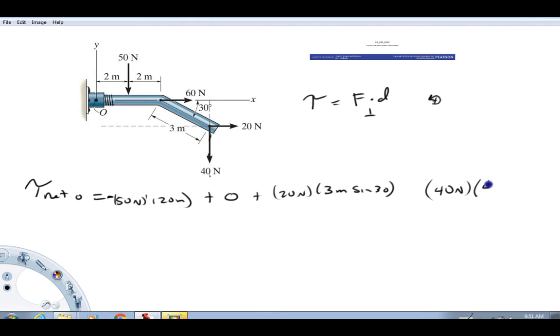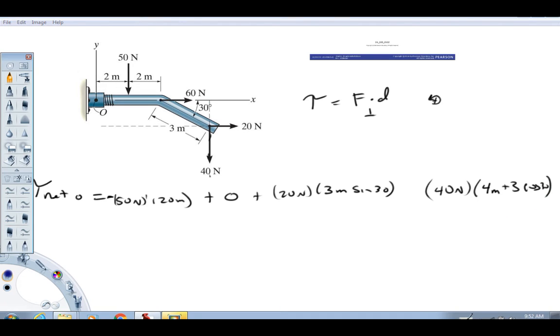So I'll write that as 4 meters plus 3 cosine 30 degrees, and put the units outside. Now plus and minus signs. This force makes this beam want to rotate clockwise about this point, so that torque term is negative.